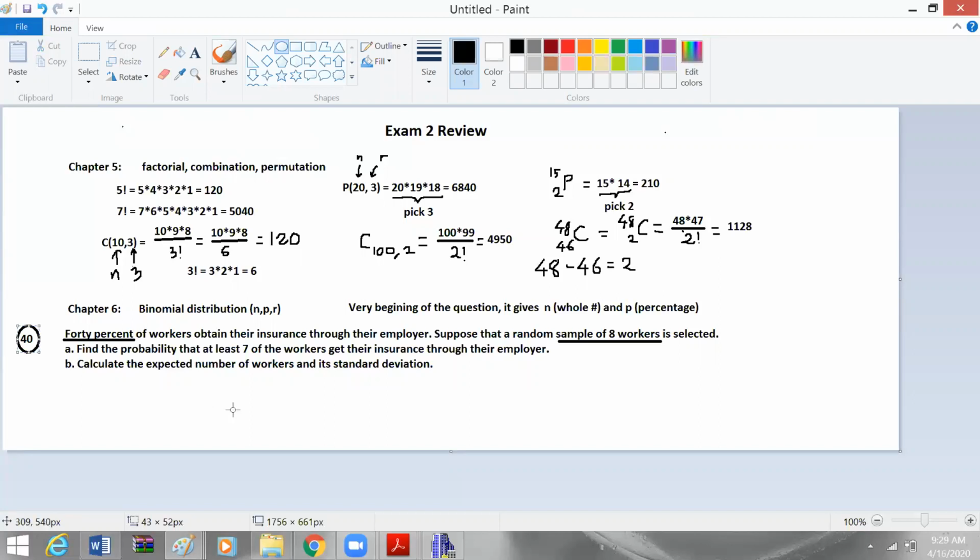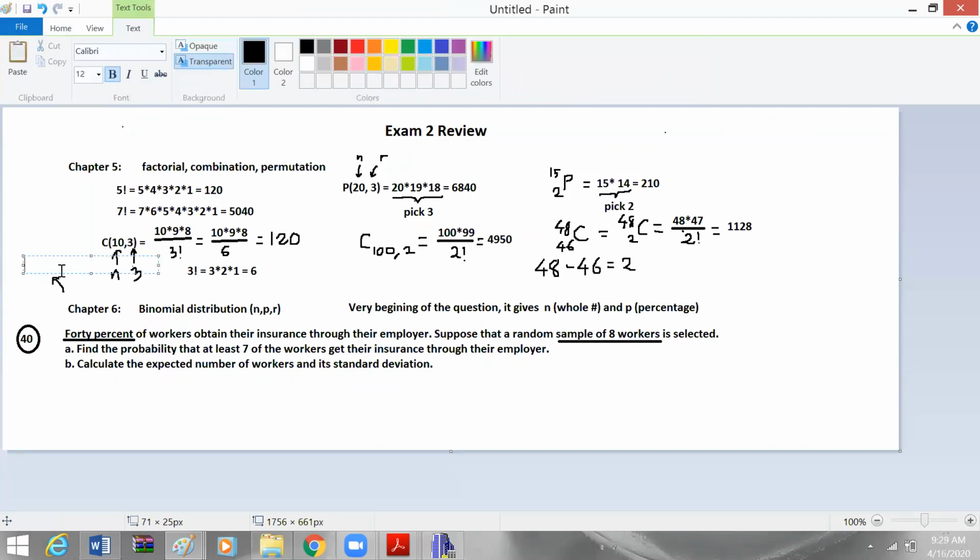Again, chapter 6 has to do with table 2, and it's very important that we use table 2 for that reason. Maybe my mouse is acting up. Okay, so this is table 2.